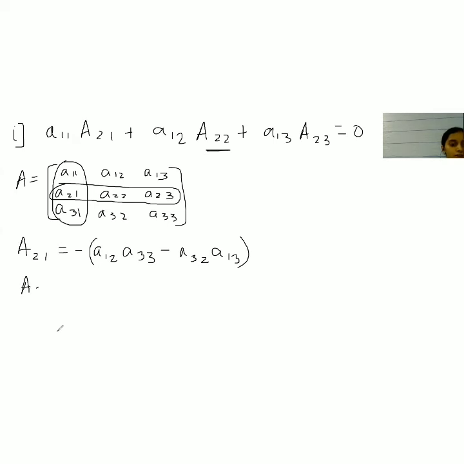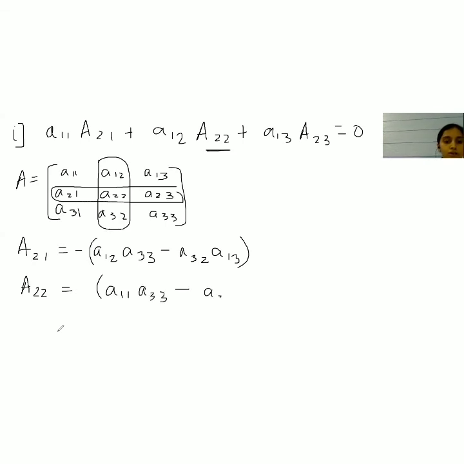Next one that we want to find is A22. A22 means second row and second column, right? So let's mark the second row and second column. Hide these two, find the minor. Let us write the minor in the bracket: A11 multiplied by A33 minus A31 multiplied by A13.